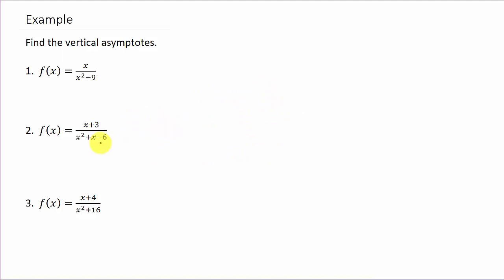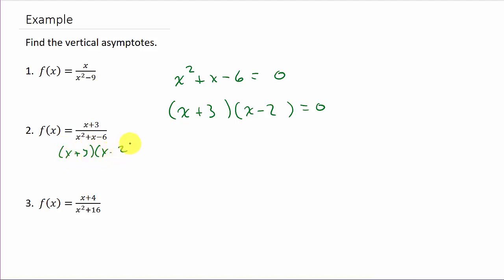All right, let's take a look at this one, number 2. Let's take the denominator, x squared plus x minus 6 equals 0. We factor this: x plus 3, x minus 2. But look at this. Now see, this is the denominator factored. Do you see how the numerator and the denominator have this common factor of x plus 3?